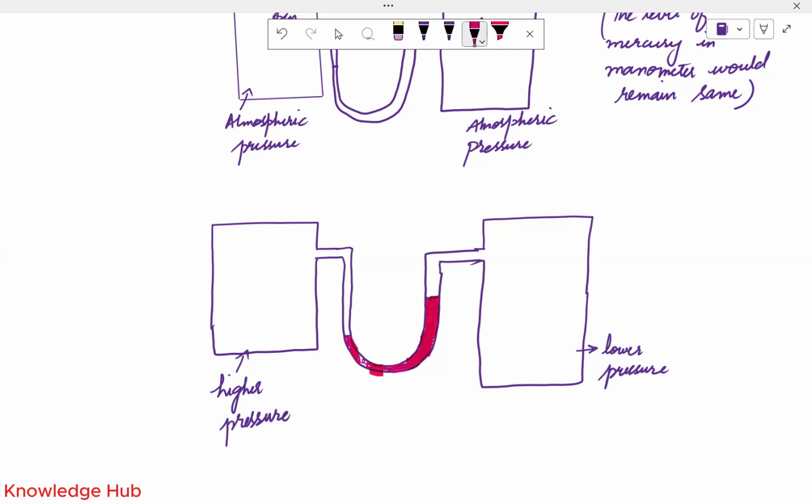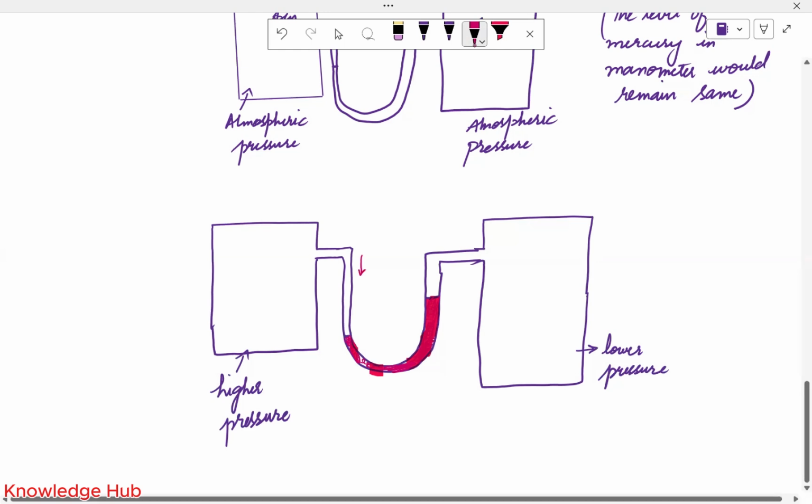This higher pressure is exerting the force here, and so the level of mercury has changed. This difference in pressure, up till this place, because there's a difference in height, like it's here and it's here.